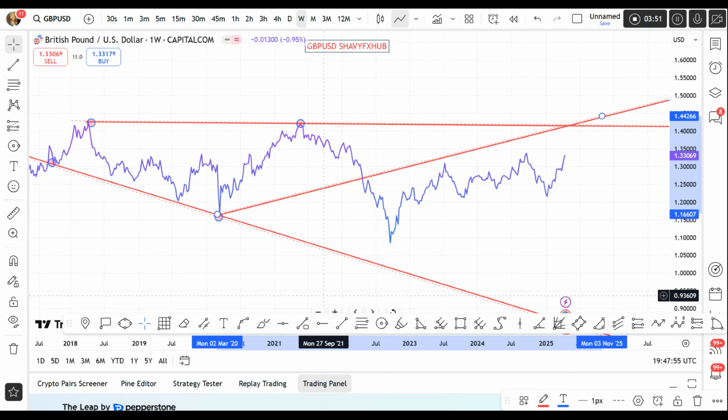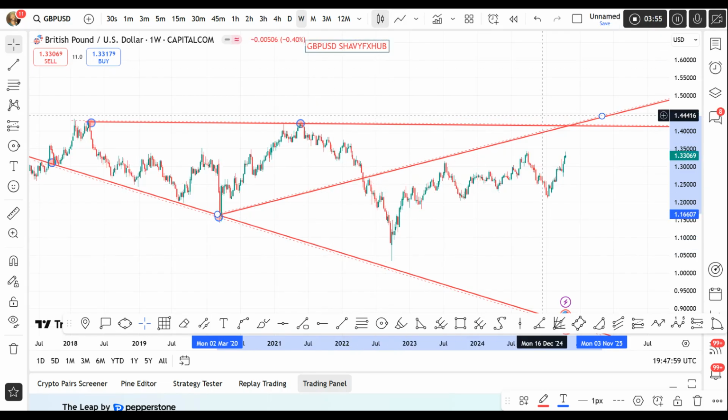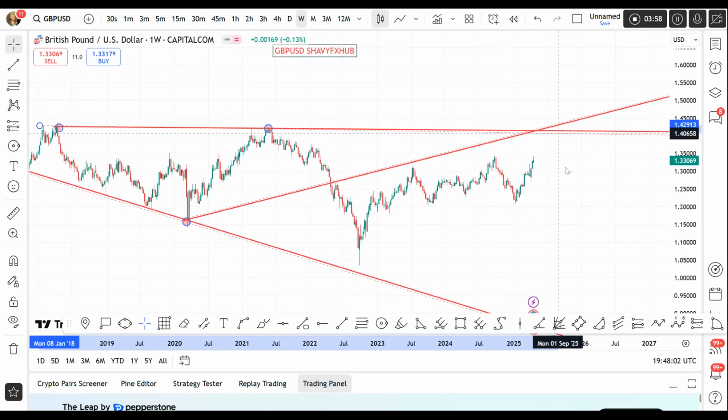So let's see. Let's get back to our chart. If we find something, we need to make our adjustments.